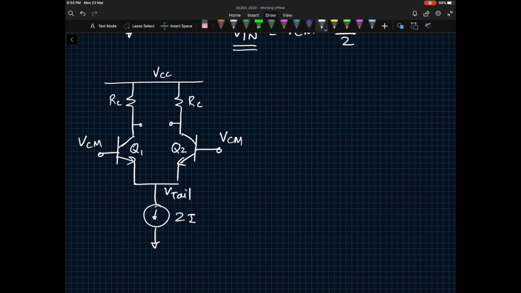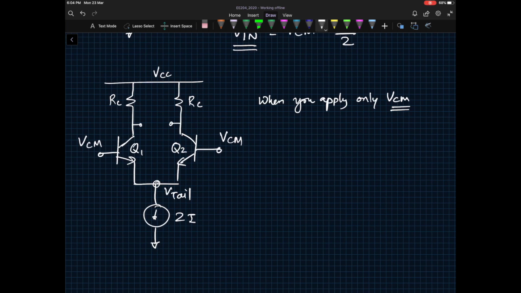So pause the video, think about it, and come back. Okay. So when you apply only VCM, which is the common mode signal, to both sides, then what will happen is, since the VBE on both sides will be equal, because the V-tail node is common for both of them and the base voltage is also common for both of them, the current should split equally on both sides.